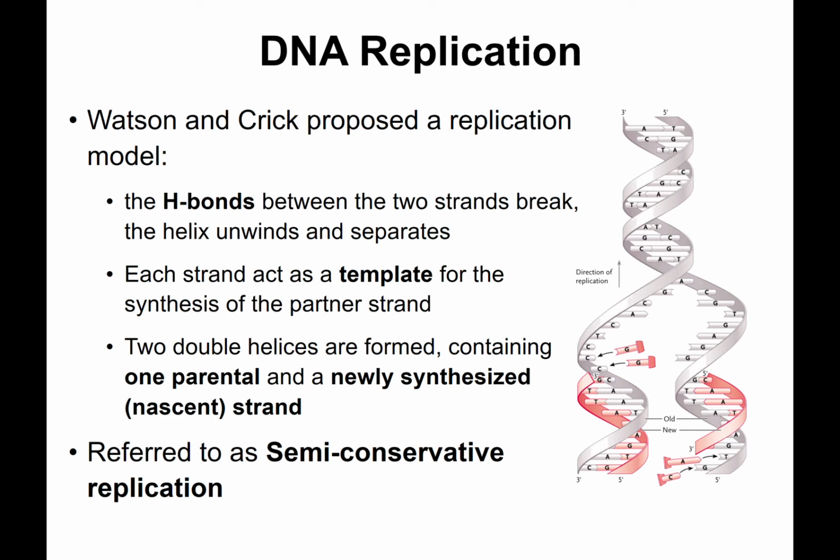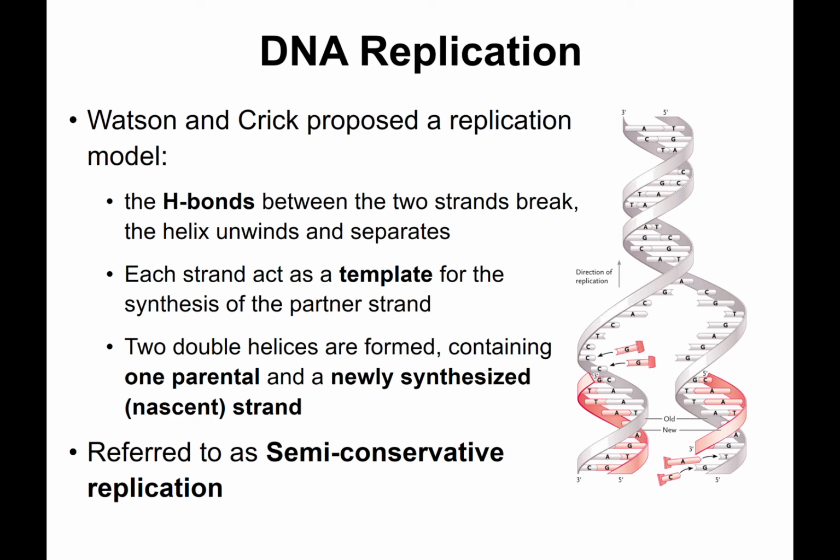You have two complementary strands. It's fairly direct to imagine that if you separate these two strands, each one of them could work as the template, the strand that provides the information to make the other strand.